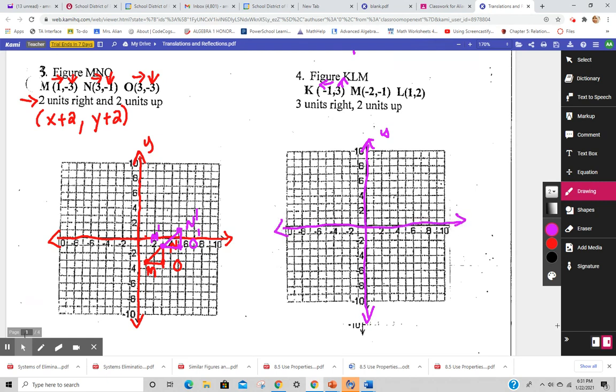All right, so left 1, up 3, 1, 2, 3. This is K. Left 2, down 1. This is M. Right 1, up 2. Right 1, up 1, 2. So this is L.